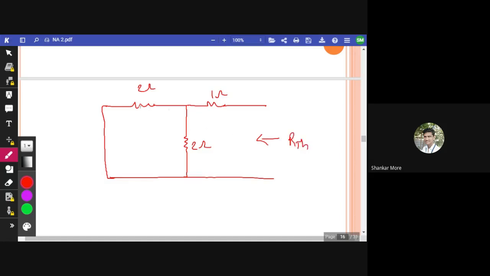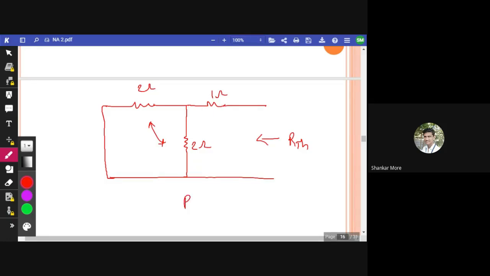As you can see, this is 2 ohm resistance, this is 2 ohm resistance, both are in parallel. I have already told you, if two equal resistances are in parallel, their equivalent is half of one of the resistances. So the two 2 ohm resistances in parallel give an equivalent of 1 ohm, and that will be in series with this 1 ohm.